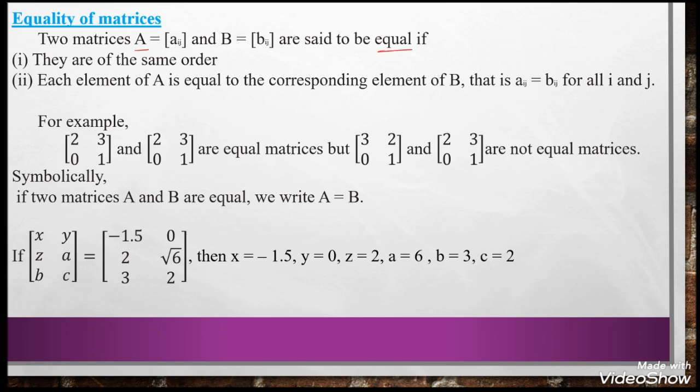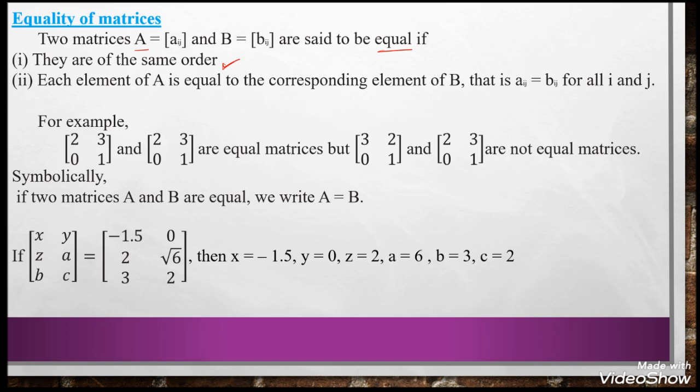Equal means there are two conditions. One is that they are of the same order. When you take equal matrices, the order of both matrices A and B is the same. Again, each element of A is equal to the corresponding element of B.